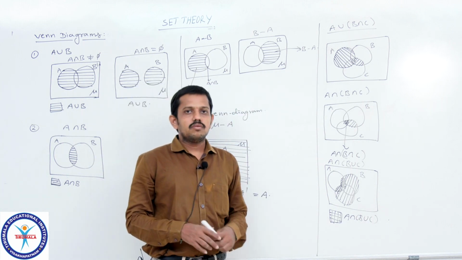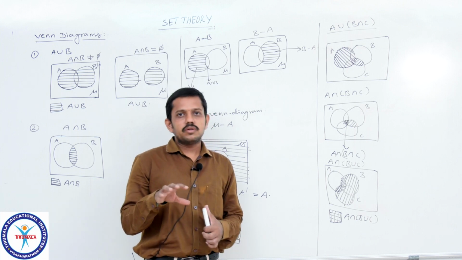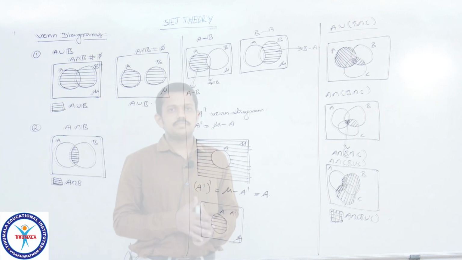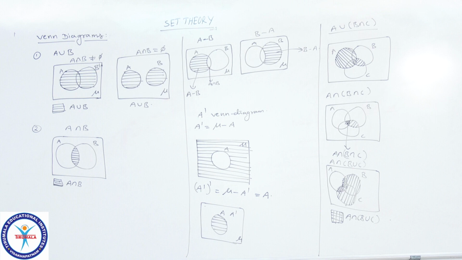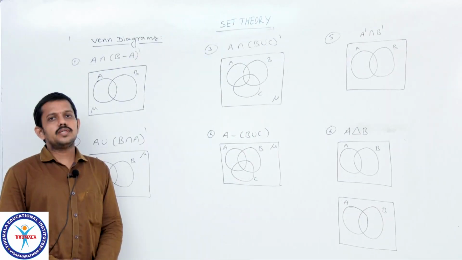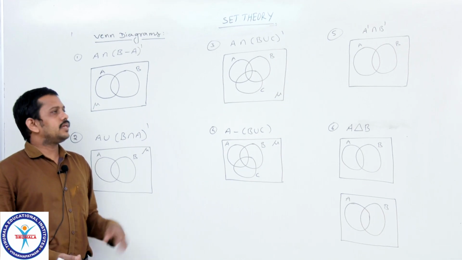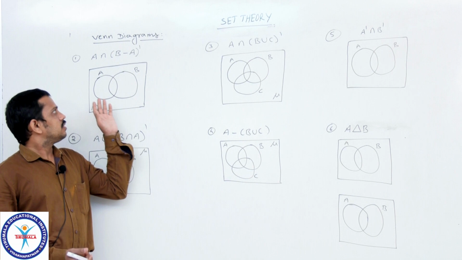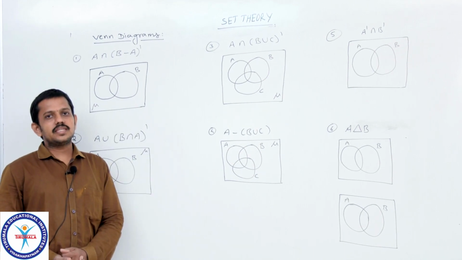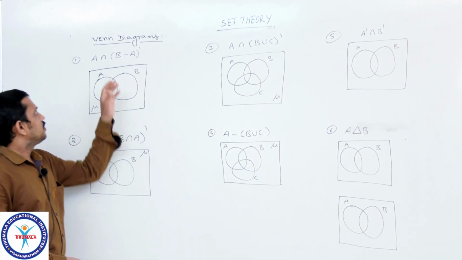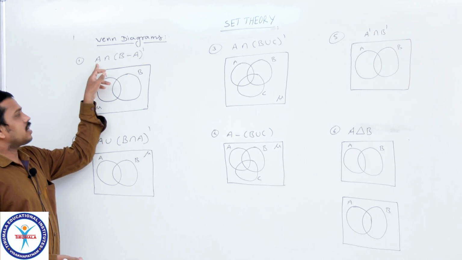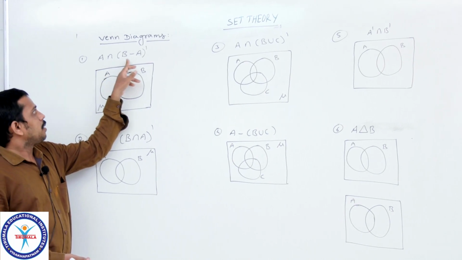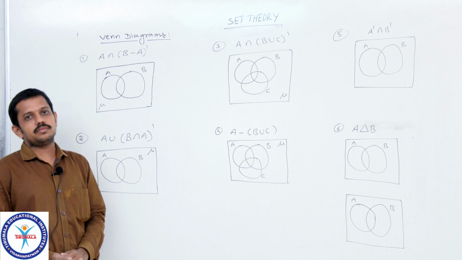Now, students, we will see some more Venn diagrams. Now, students, we will see how we draw the Venn diagrams for any 2 or 3 sets in different cases. So, here what is the Venn diagram of A intersection B minus A complement?